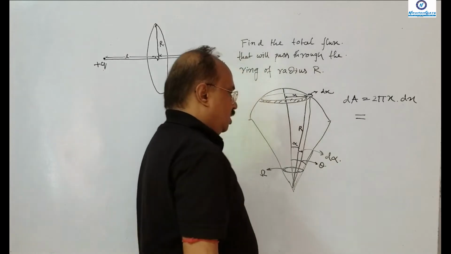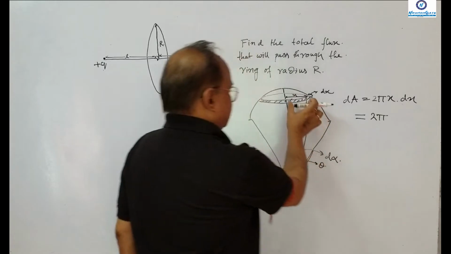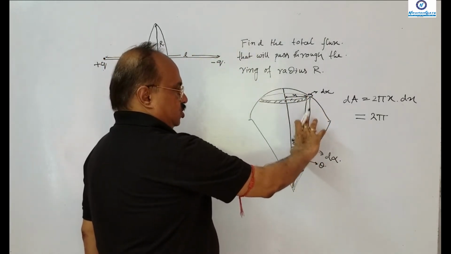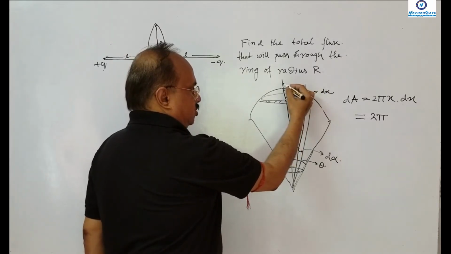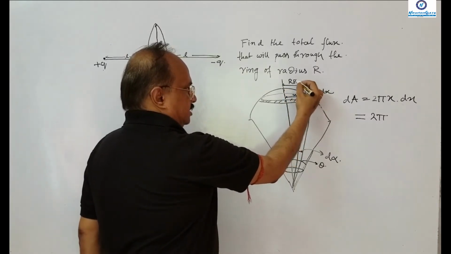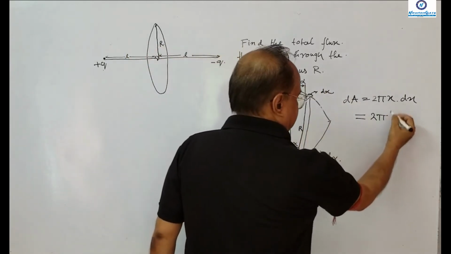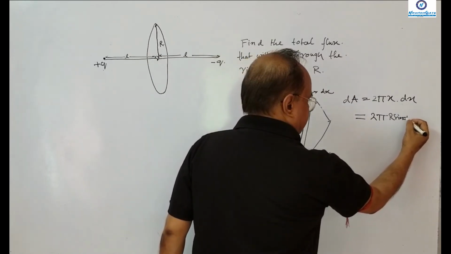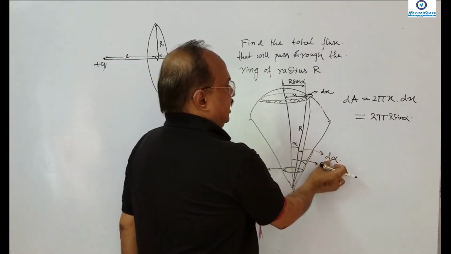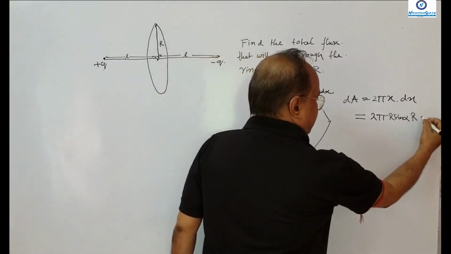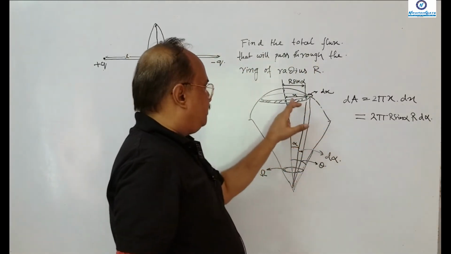Now x is opposite by hypotenuse, so x is nothing but r sine alpha. I can put r sine alpha in place of x, and dx is equal to r d alpha. So this is the area of this elementary ring.